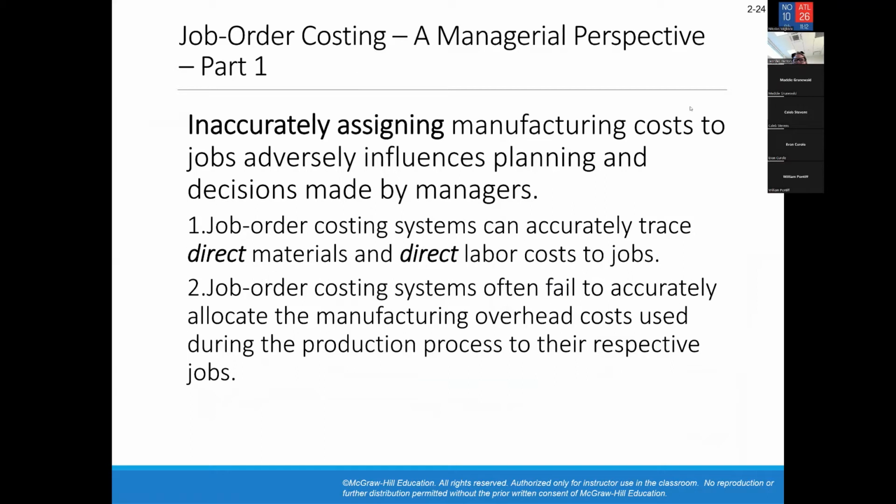Now we have job order costing, a managerial perspective. Inaccurately assigning manufacturing costs obviously is not good, right? It can adversely influence the planning. So if you don't have the right cost in there, the decision that you make could be wrong. This is why whenever I have class, I always say it's important when you're in the field and working to try to get your numbers as accurate as possible. If you're doing project management, you want to make sure the right materials are going to the right jobs, and that those people on the jobs are putting the right job numbers in.